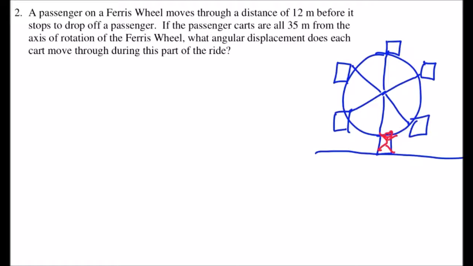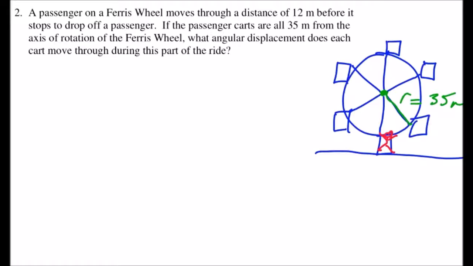Now, it says that the passenger is going to move through a distance of 12 meters before it stops to drop the person off. And if the passenger carts are all 35 meters from the axis of rotation, then that's our radius, right? Here's our axis of rotation, and we're going out to the cart. That's from the center of the circle out to the edge of the circle. So that's going to give us a 35-meter radius.